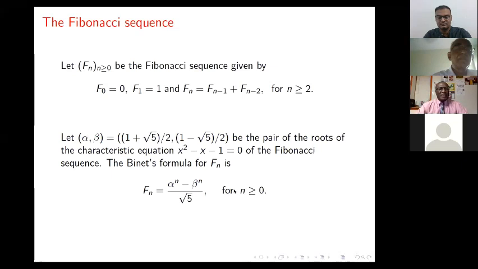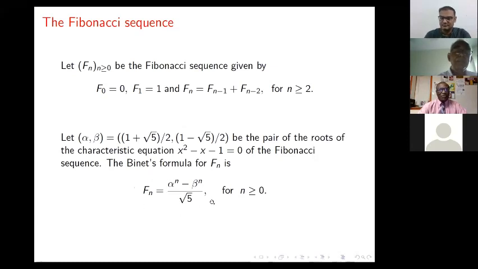In fact, there is a characteristic equation related to that, s squared minus s minus 1 equal to 0. We can find easily the roots, alpha and beta, given here. And there is what we call the Binet formula that can help to find each term of the sequence. The Binet formula is the formula we have here.